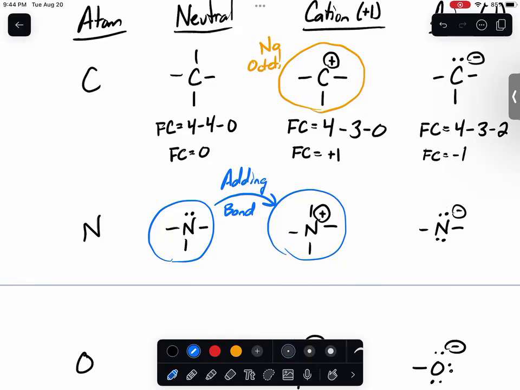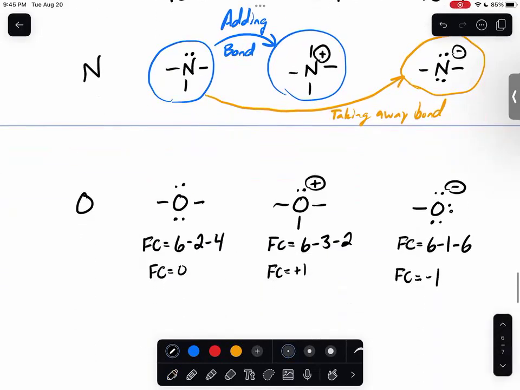Versus if you want to go to this with a negative charge, normally this is taking away a bond. This is true for every single one of these, except for the carbon cation, because we cannot give it another bond. But looking at carbon neutral to carbon anion, you're taking away a bond. And then looking at our oxygen, we add a bond to get to the positive, we take away a bond to get to the negative.